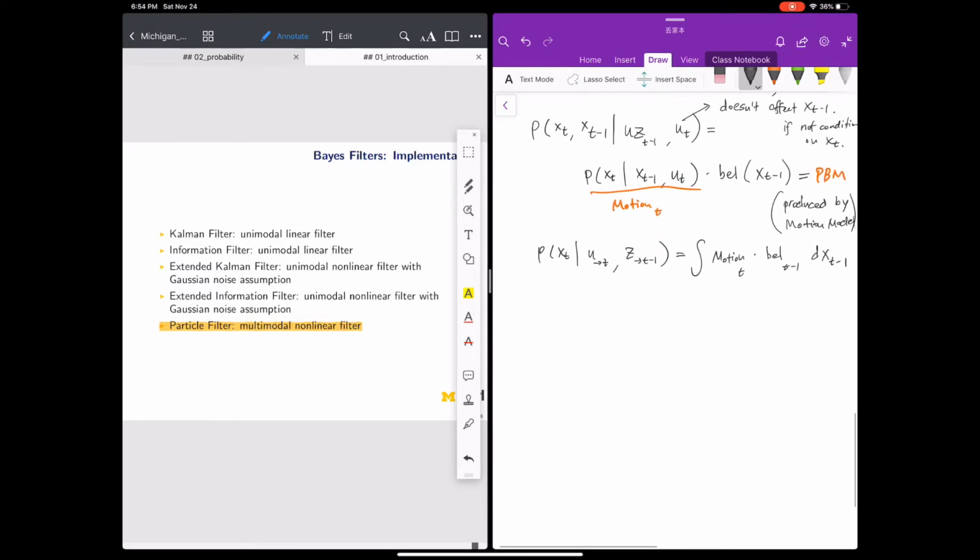Okay, good. So here we have something which is good, but what we really want is xt conditional on u 1 to t and z 1 to t, right? So what we want is to establish a relationship between those two.